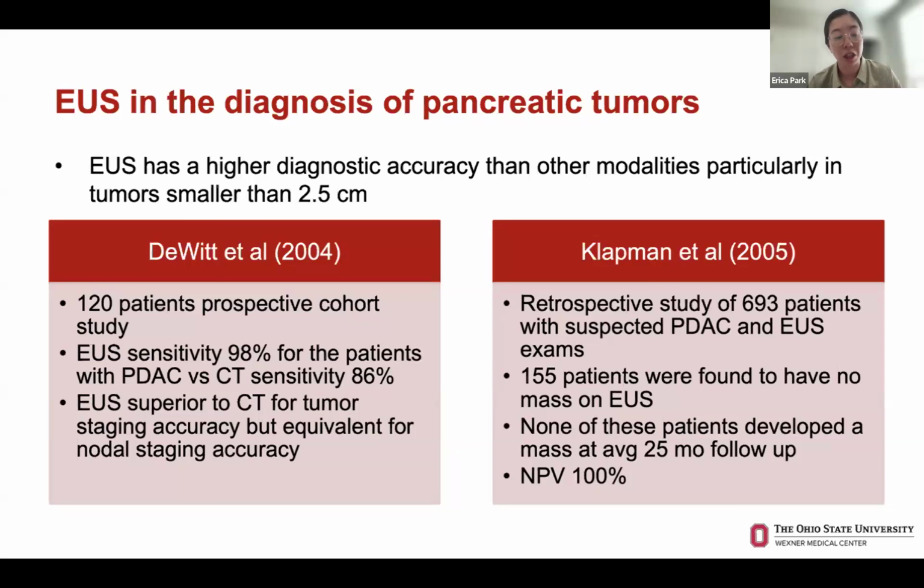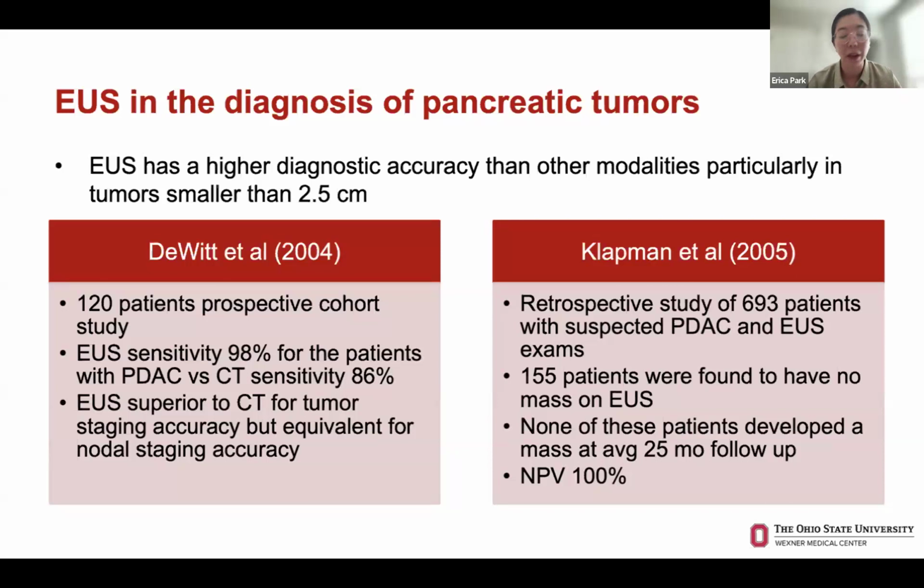In a prospective cohort study of 120 patients, EUS was compared to CT for the detection of pancreatic adenocarcinoma, and was found to have a superior sensitivity of 98% compared to CT, which was 86% in this study. EUS was also found to be superior for tumor staging accuracy, notably equivalent for nodal staging accuracy.